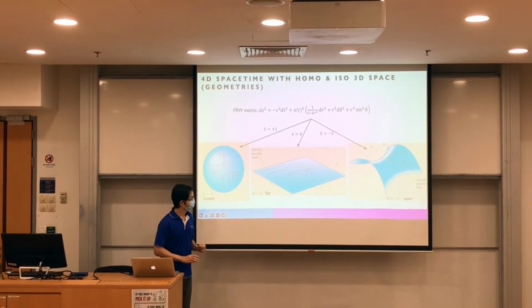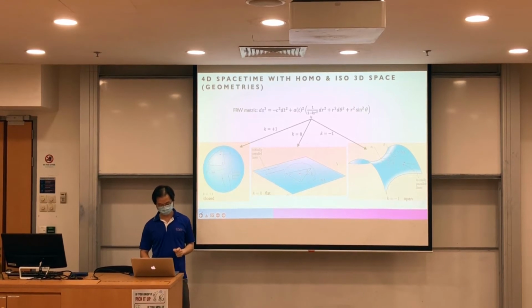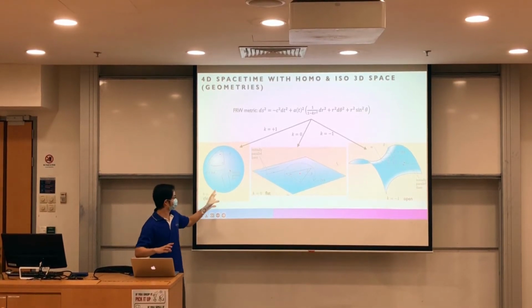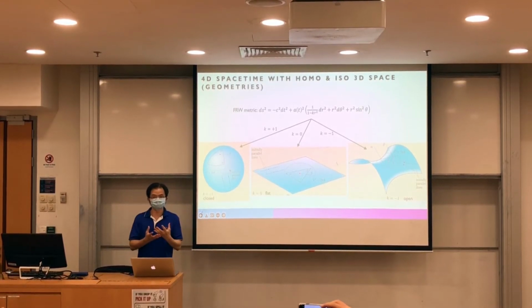Okay, so this geometry parameter K, let me tell you what they entail. K can be plus 1, minus 1, or 0. When K is plus 1, it is what we call a closed geometry.